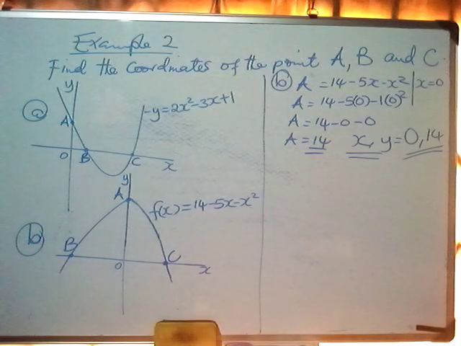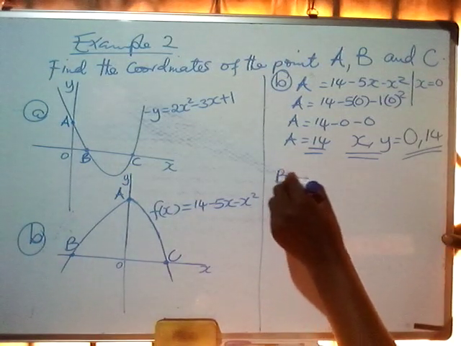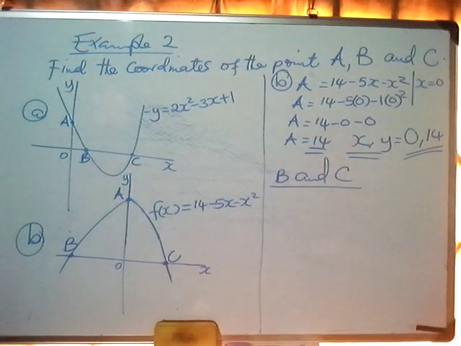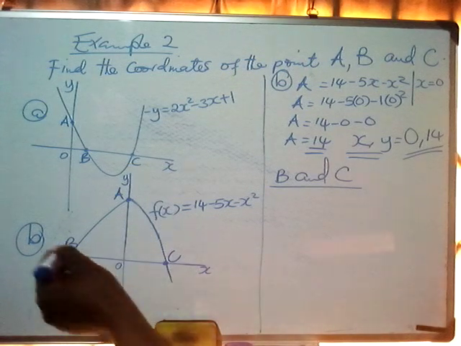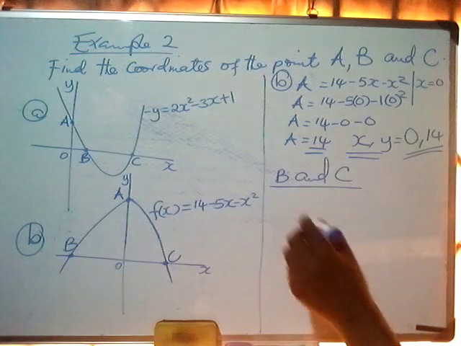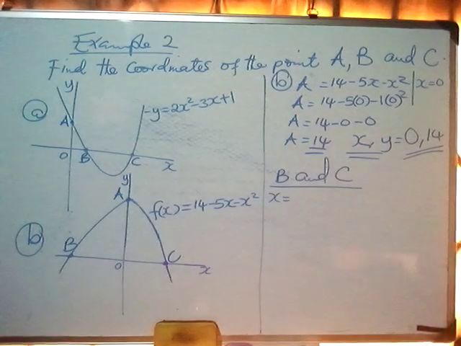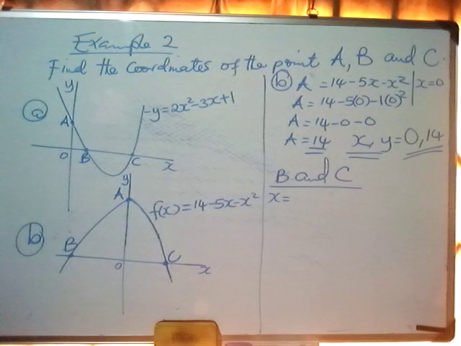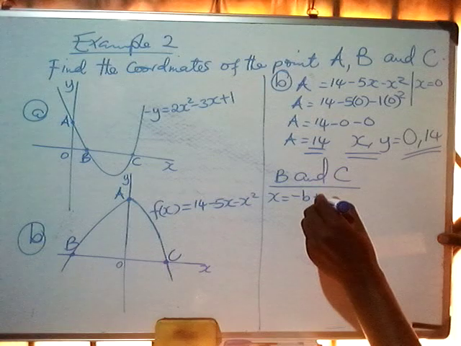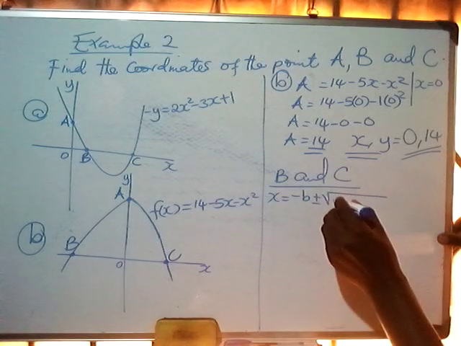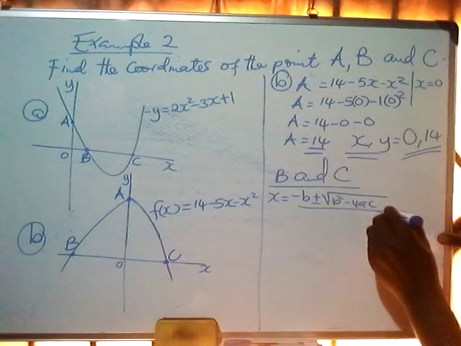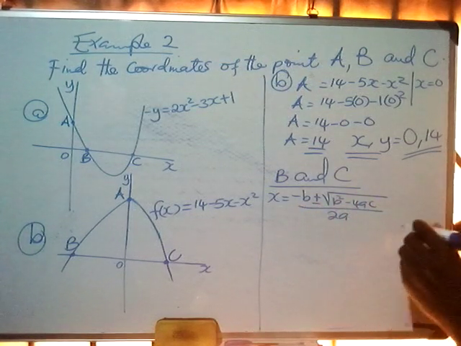Now, coordinates B and C will be worked out simultaneously, because these are the roots. These are the x coordinates. So we are going to use the formula x is equal to negative b plus or minus the root of b squared minus 4ac, everything over 2a.